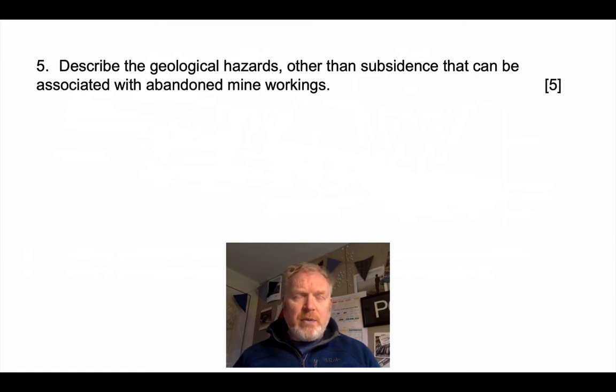You need to be talking about several of these. But there's quite a few ways you can get those 5 marks. You could go for breadth or you can go for depth. But think carefully about your answer and make sure that you've got enough information in that answer to justify all those marks. Okay, have a go at those questions now, see what you can come up with.